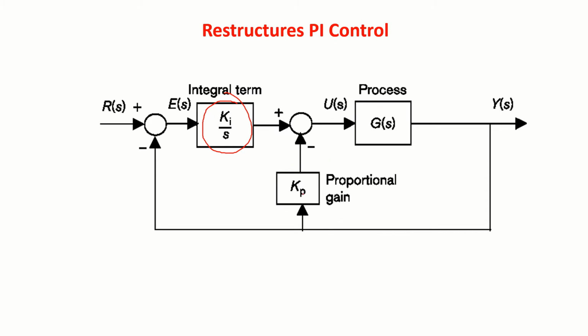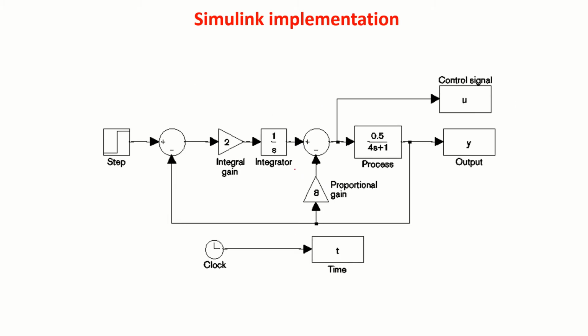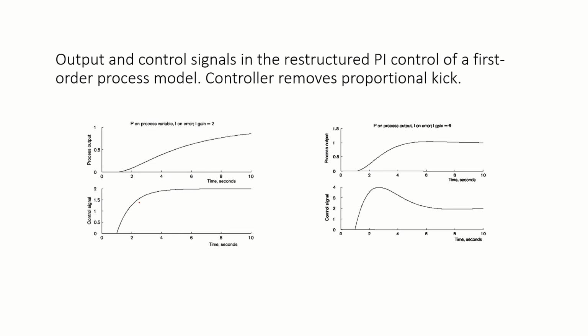It will act only on the process. If I reorganize like this, it is not acting on the error signal now. So I have the integral controller, proportional gain value, process, and if I plot, you can see the control signal has smoothened out.